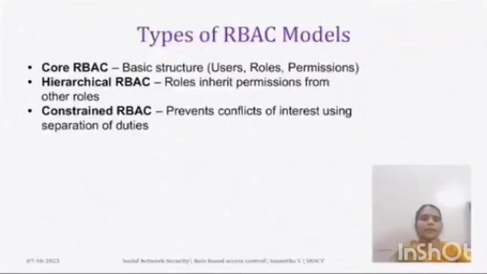The types of role-based access control are core RBAC, hierarchical RBAC and constraint RBAC. Core RBAC is the basic structure: users, roles and permissions. Hierarchical RBAC represents a hierarchical or inheritance structure, which gives permissions from other roles.